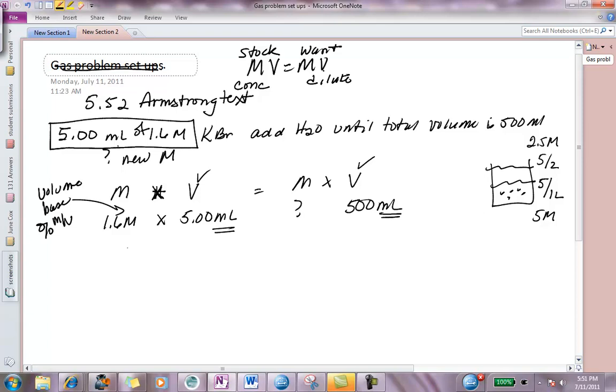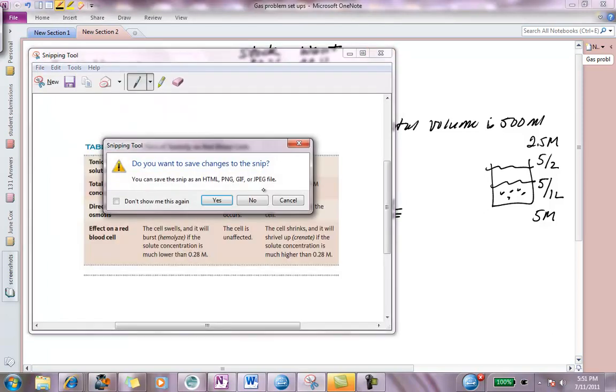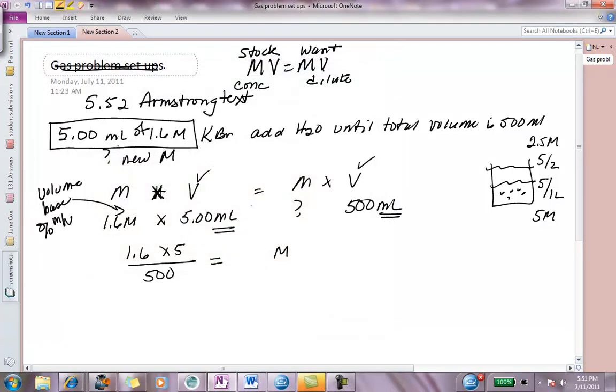So what I basically end up with is 1.6 times 5 divided by 500 is equal to my new molarity. Notice that the 5s are going to cancel out, but I'll go ahead and do this on the calculator anyway. 1.6 times 5 is equal to 8, and then we're going to divide that by 500, and I'm going to get 0.016.